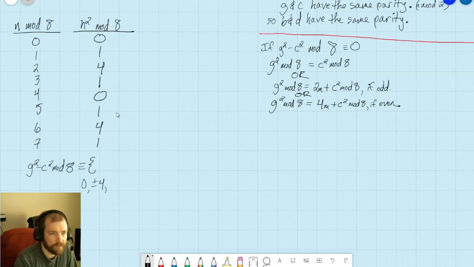Zero. All right, if g is 0, then c could also be 1. -1. Right. Can't get +4 for this one, at least not the way that I'm thinking of it right now.